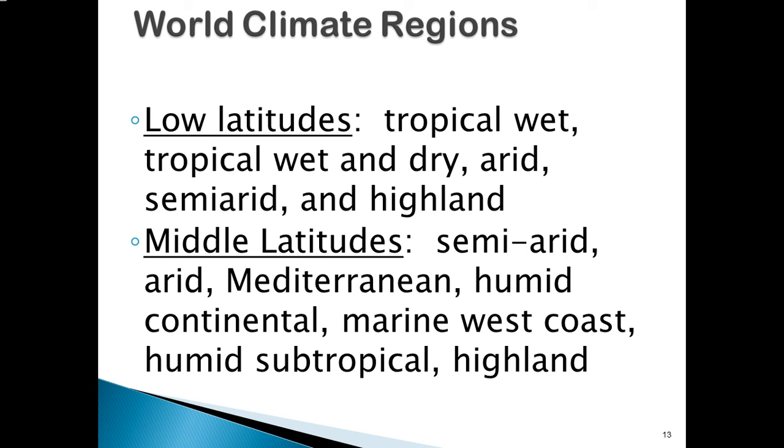Mid-latitudes are where we live. So we have semi-arid, arid, Mediterranean, humid continental, marine west coast, and highland. Please note here that we have some overlapping climate regions, semi-arid and arid. Because the earth is a natural thing, there's no starting point or cutoff point for natural occurrences, so you'll see some overflow throughout the 3 latitude zones.